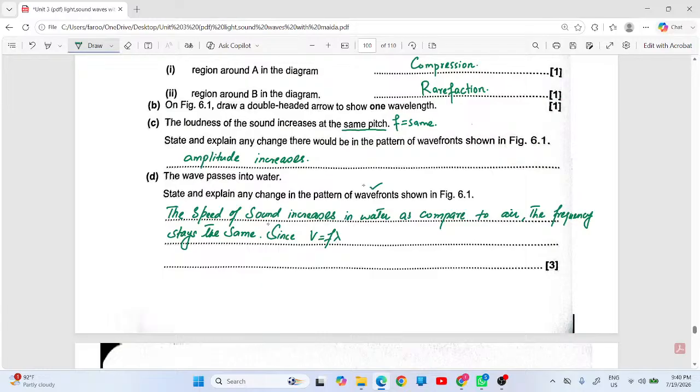Speed is increasing, so the wavelength also increases. Although the frequency is constant, with the increase in speed the wavelength increases.